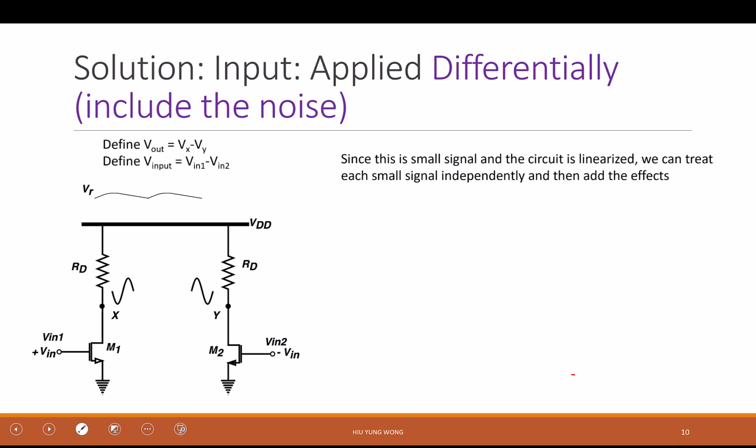If this is a linearized system, it's the same as I first study how I react when you push me from the left, and then also study how I react when you push me from the front, and then I can just add them together.